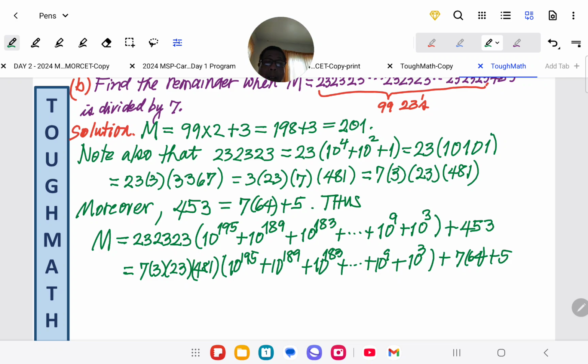Okay, so therefore we can write this number m as 7 times k plus 5, for some k.